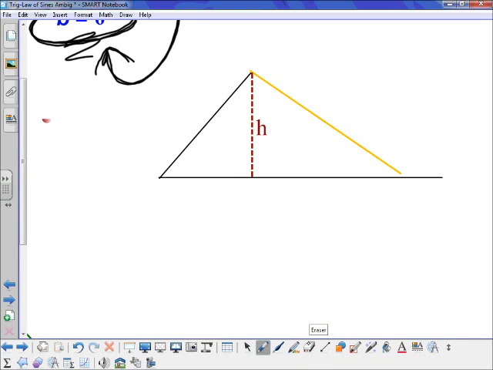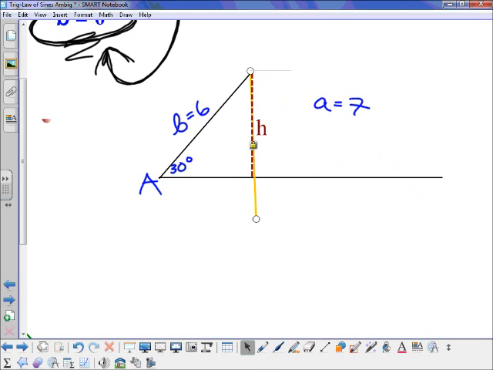The reason that works, let me go ahead and put A back in here, 30 degrees, B equal to 6, A equals 7, that was given. Notice it has to be bigger than the height automatically, because if it's bigger than this side and this side's going up, the height's always going to be shorter than this side.